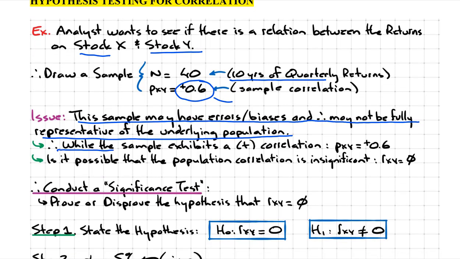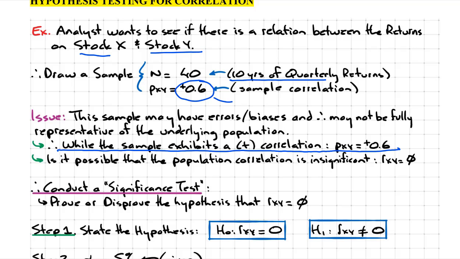So therefore, while the sample exhibits a positive correlation, which is positive 0.6, the question is, is it possible that the population correlation is insignificant? So what I'm going to do is use that little p to denote the sample correlation and the r to denote the population correlation. And they're two different variables.